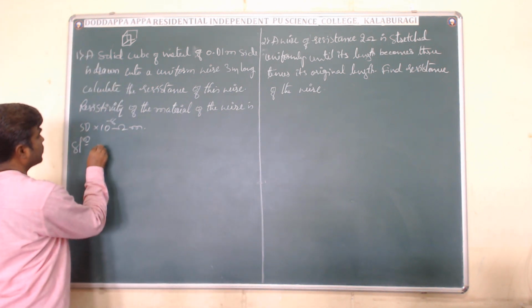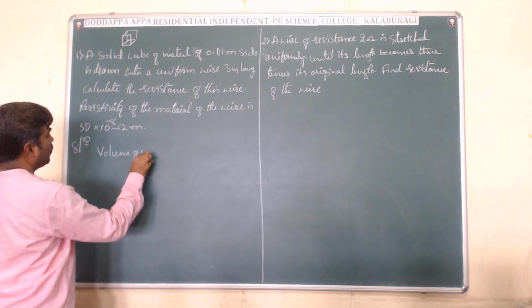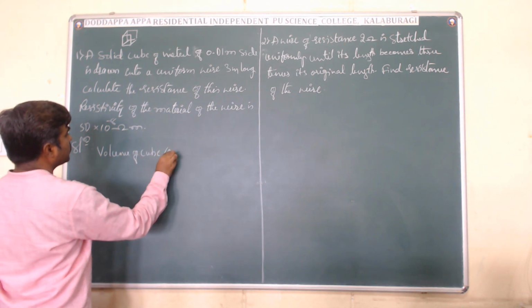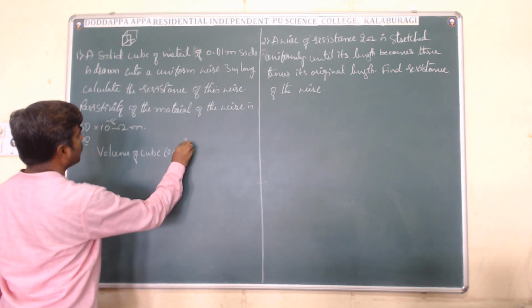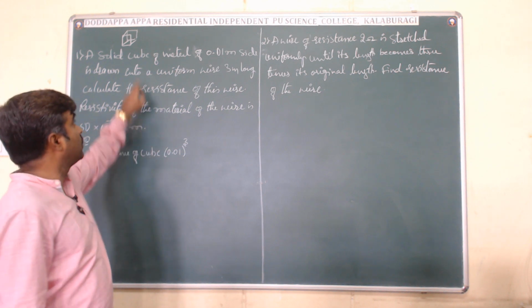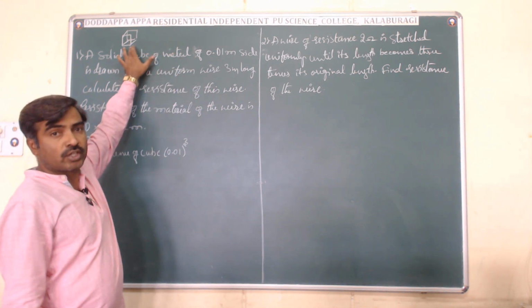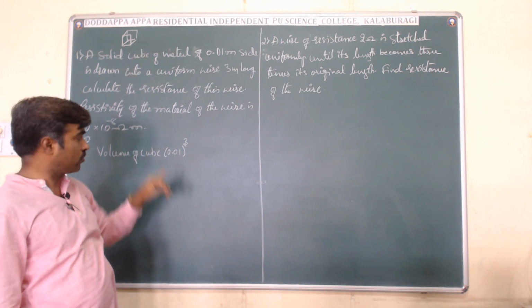The volume of the cube is 0.01 to the power of 3, because one side is given, cube of metal of side 0.01 meter.